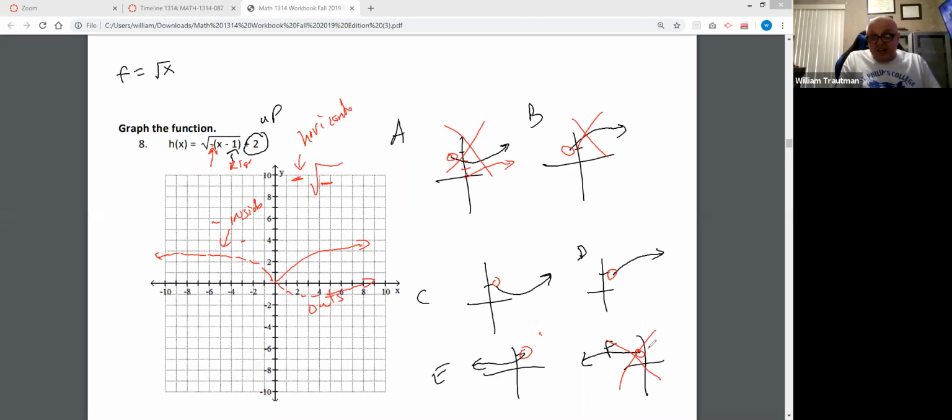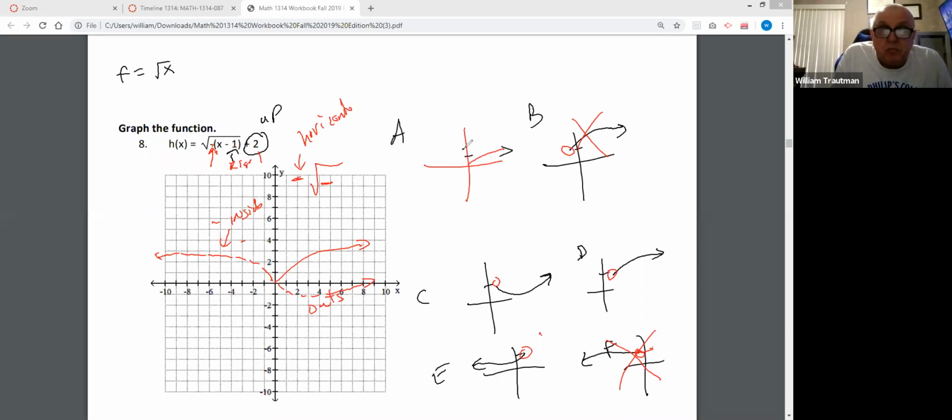I think I meant to do this one, but I didn't put it far enough. So in reality, let me erase one of these bad ones. So this graph goes up to, here's a parabola. It goes up, here's the square root graph.